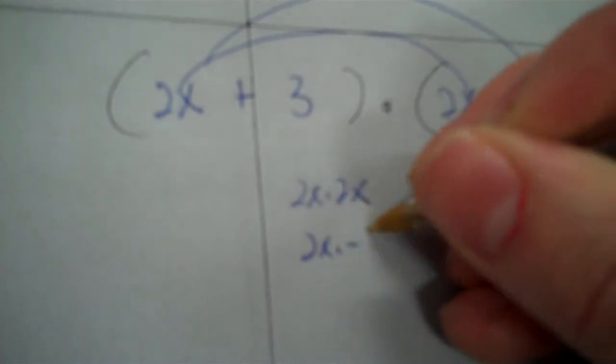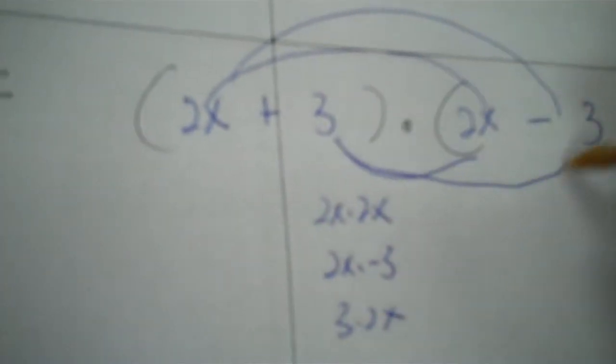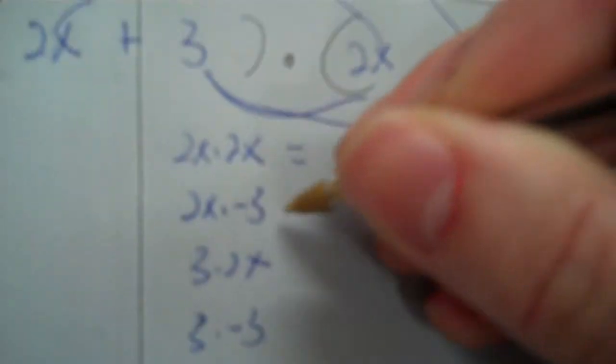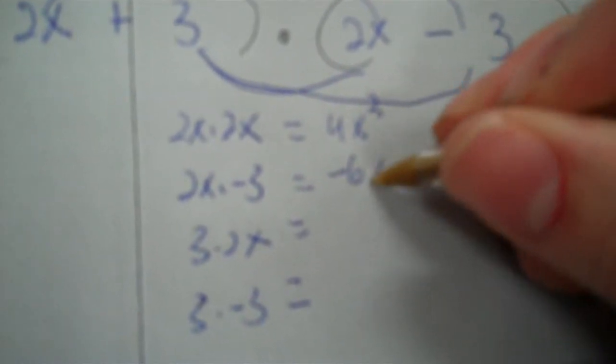See, now if you would FOIL that, 2x times 2x, we're not going to FOIL today, we're going to factor, but 2x times negative 3, positive 3 times 2x, and positive 3 times negative 3, I end up with 4x to the second, and then negative 6x, and then 6x, and then negative 9.